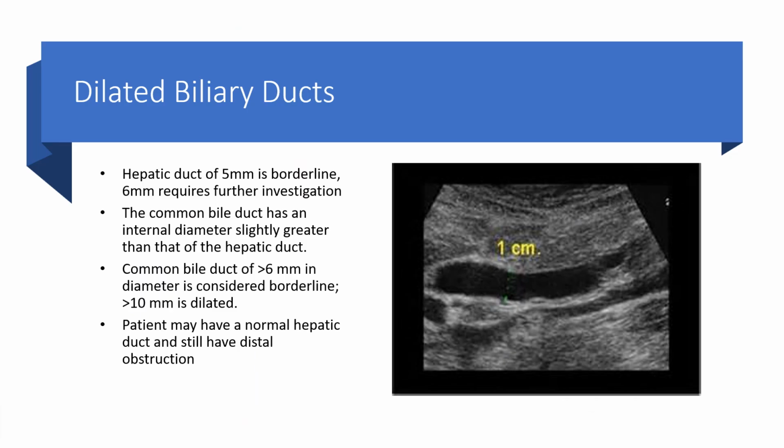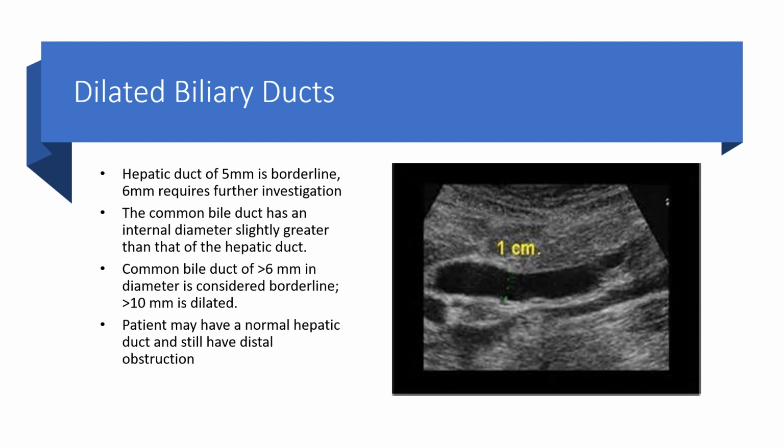Next up is dilated biliary ducts. If you see dilated biliary ducts, any duct, a hepatic duct of 5 millimeters is going to be borderline. 6 millimeters means you need to be looking around a little bit more. So you may need to measure the hepatic ducts. The common bile duct is going to have an internal diameter slightly greater than that of the hepatic ducts.